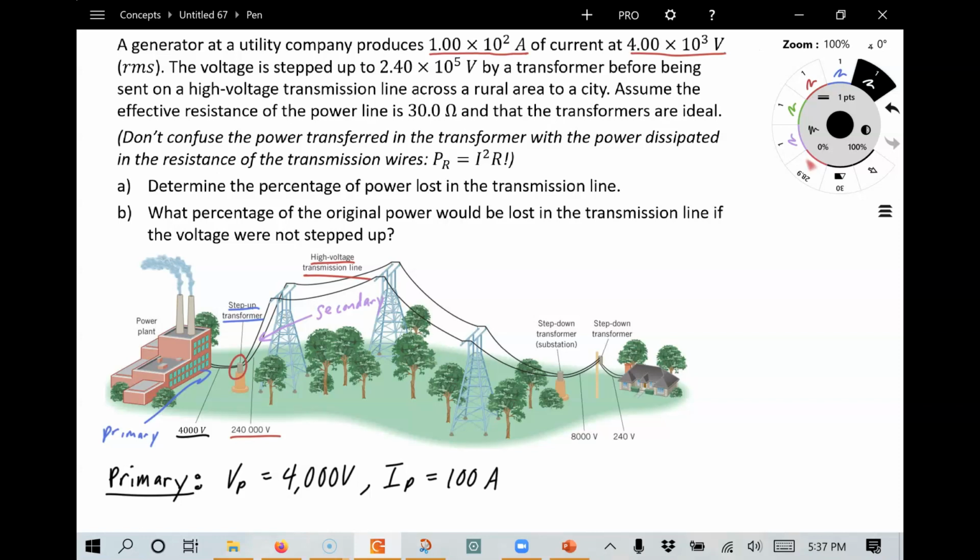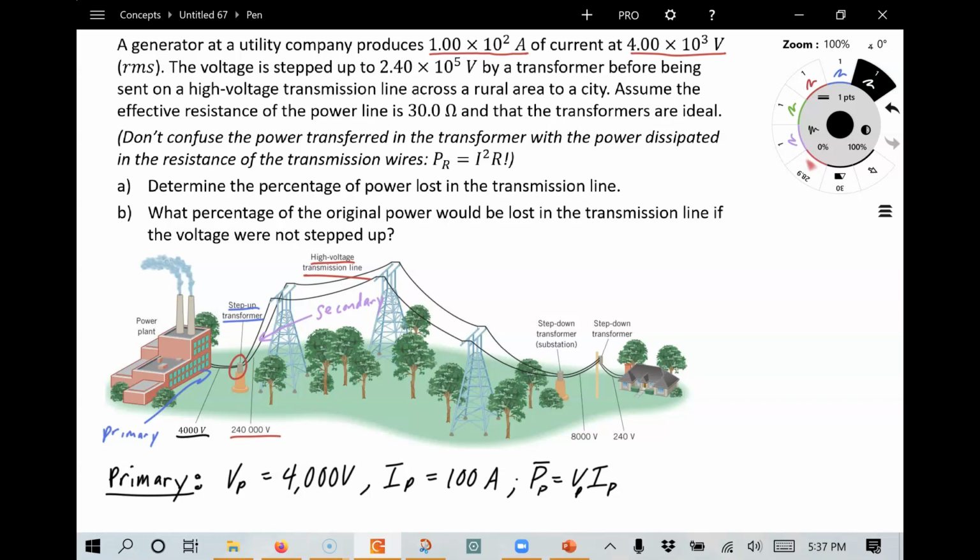From this information, we are able to calculate the power in the primary. Remember that electrical power is equal to V times I. So in the primary, we can write it like this. Now I want to remind you that when we're dealing with transformers, the voltage, the current, these are all RMS values.